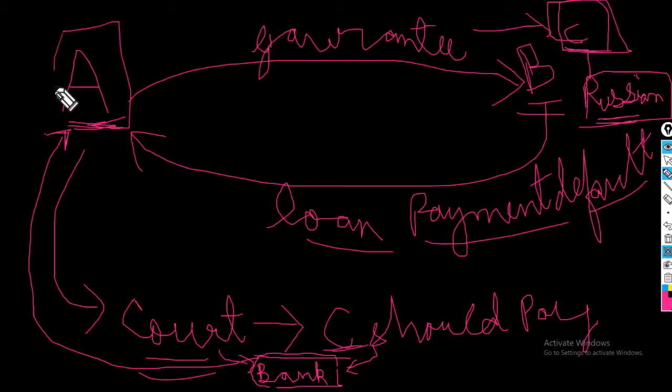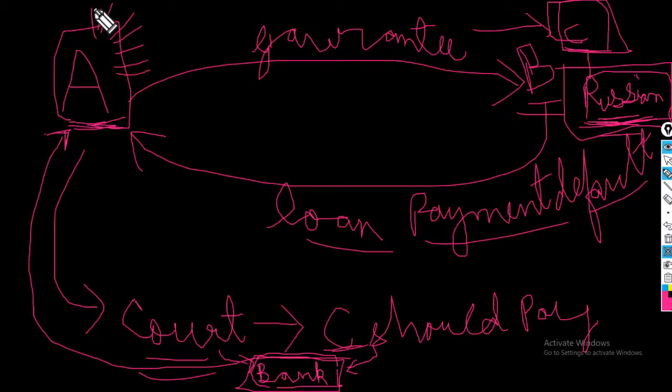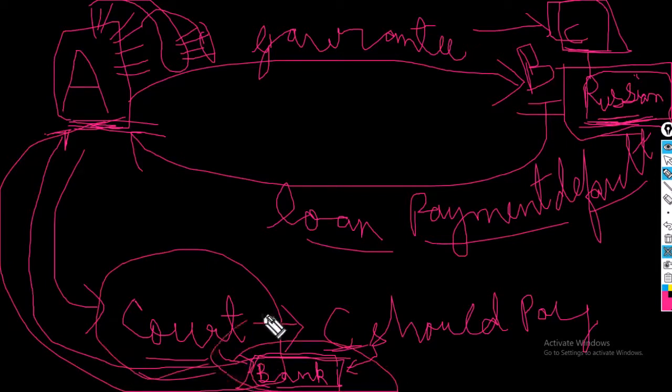The owner of company A, company B and the representative C is the people who have their black money, their dirty money.